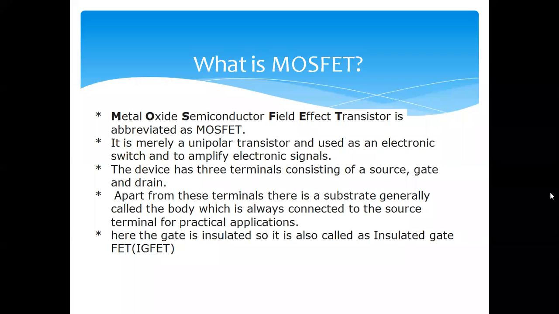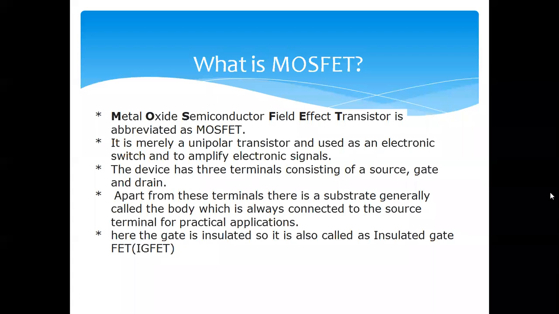And one more thing, BJT has a negative temperature coefficient or positive temperature coefficient? Remember, this could be a major difference between these two devices. BJT has a negative temperature coefficient, whereas MOSFET has positive temperature coefficient.